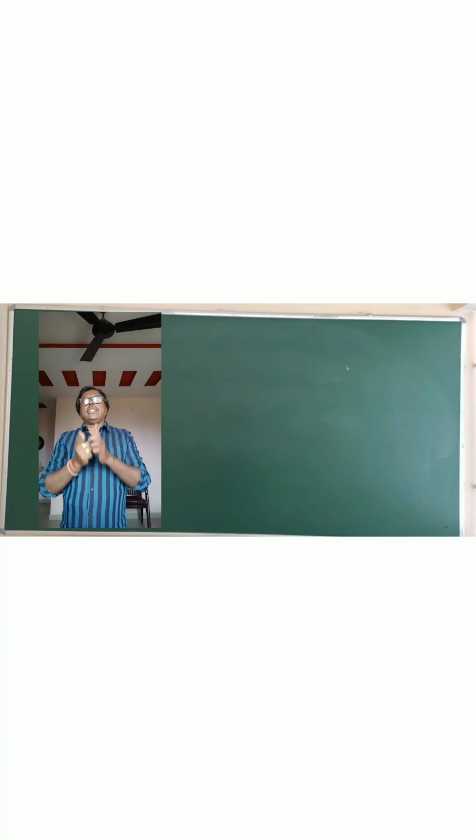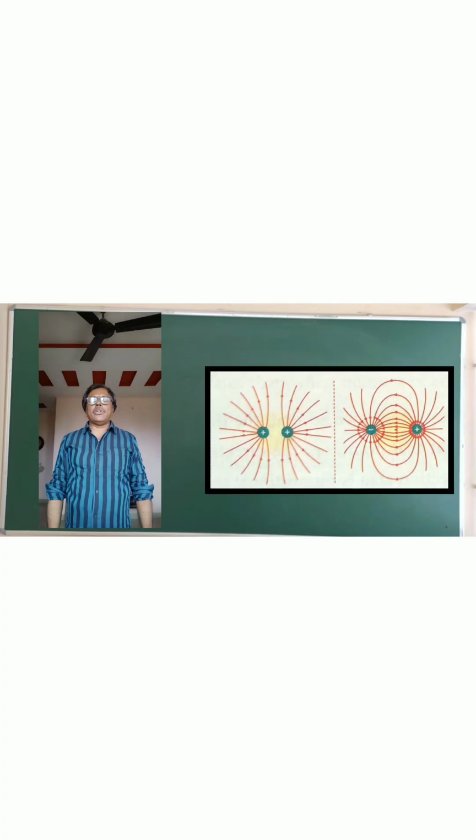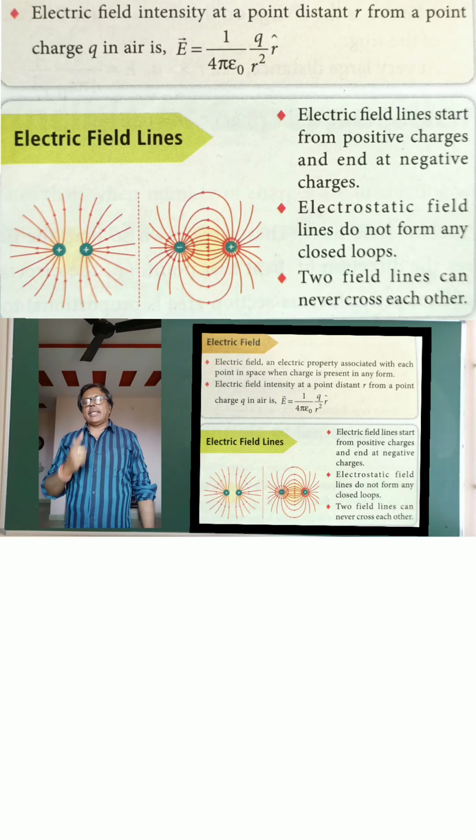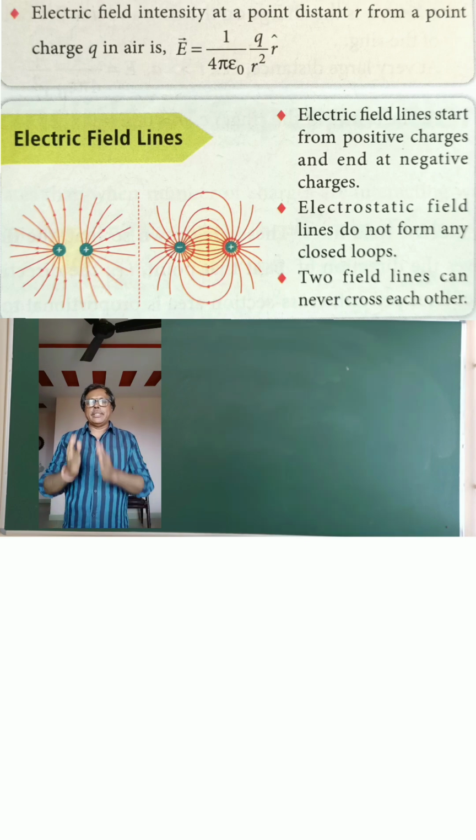Therefore, around any charge, there is an extent up to which its influence is manifested. The extent up to which its influence is present around a charge is called the electric field. The electric field strength or electric field intensity can be defined as the force experienced by a unit positive charge placed at that point.